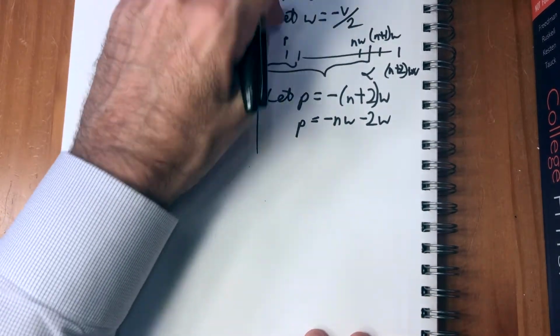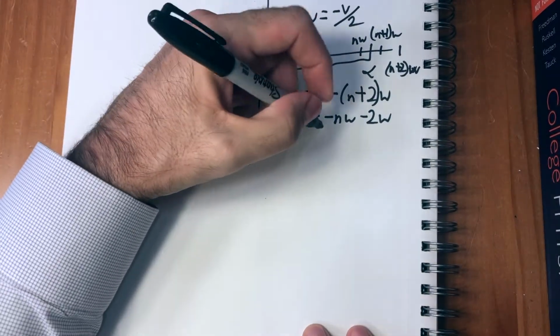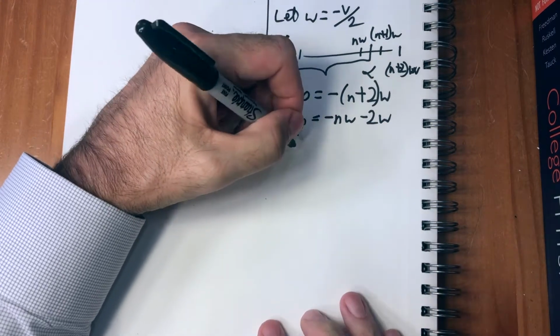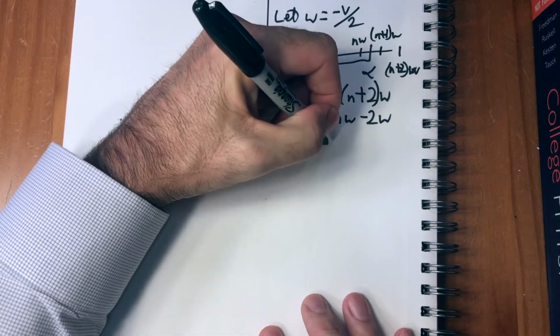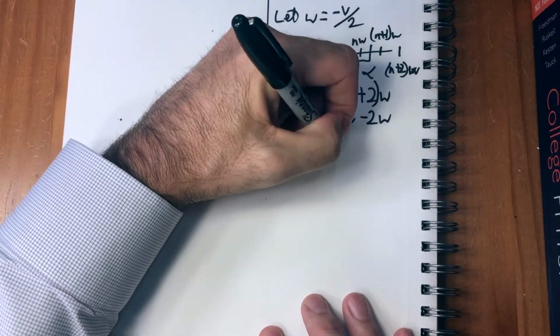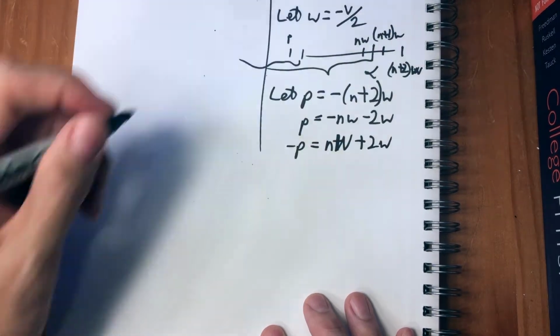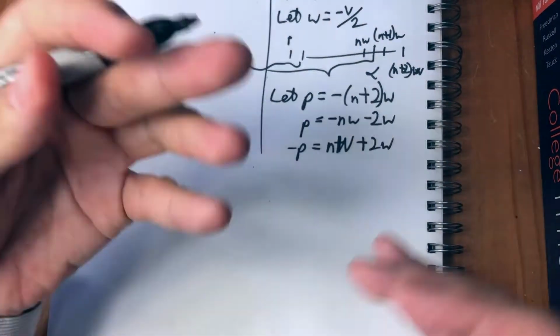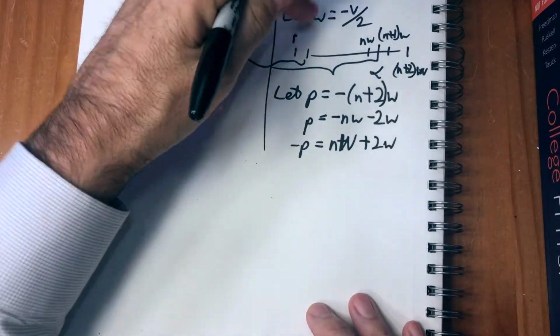Remember, we're still just doing it for addition here to show what we're trying to mirror. So we take the inverse of this, so minus p equals nw plus 2w. And then here's where it's interesting. This is the point of what we did here, or the first half of the point.